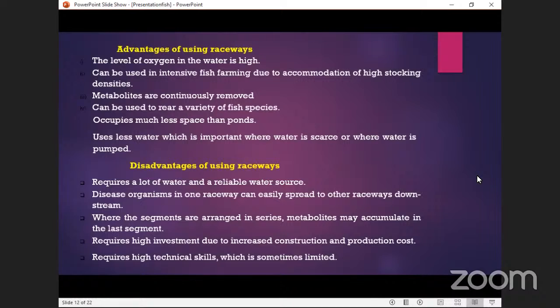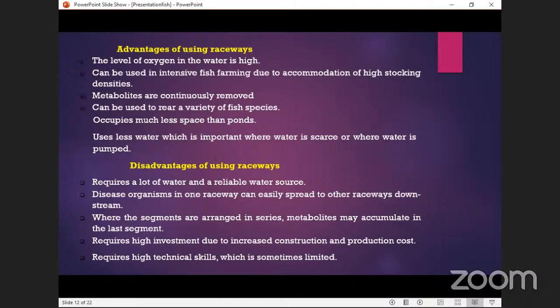Advantages of using a raceway. Xavier, tell us, what are the advantages of the raceway? The level of oxygen in the water is high, can be used in intensive fish farming due to accommodation of high stocking densities.